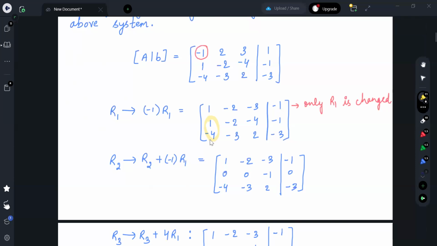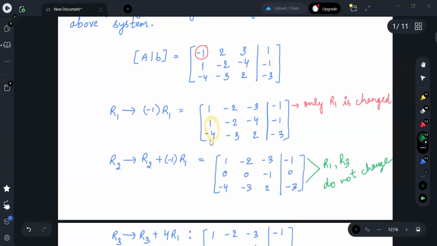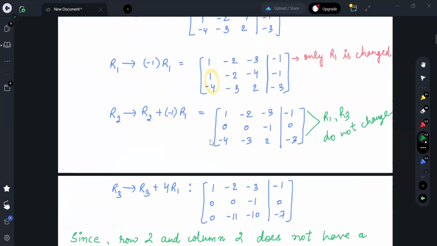You have to subtract row 1 from row 2, so each entry will be changed in row 2. I just copied down row 1 and row 3 here. Row 1 and row 3 do not change because we're only operating on row 2. So I subtract the -1 from here, subtract -2 from 0, -4, subtract -3, you get -1, and this entry becomes 0 also. Now I have a 1 here and I have a 0 below it.